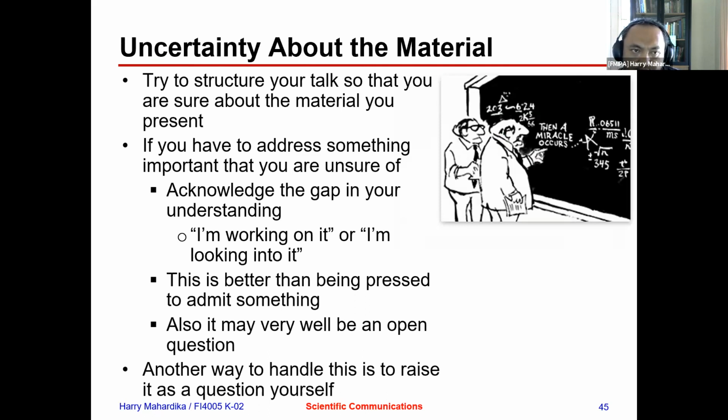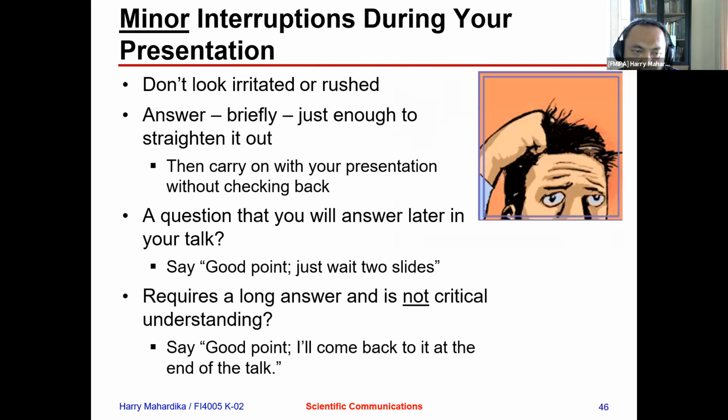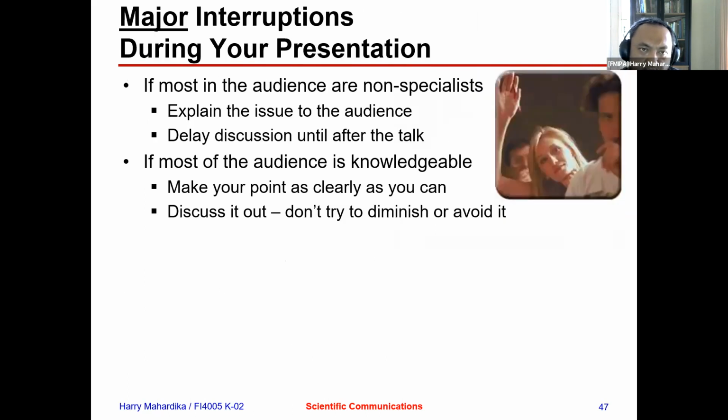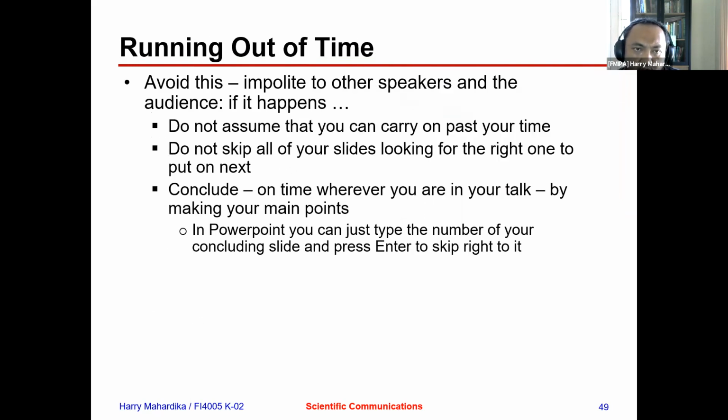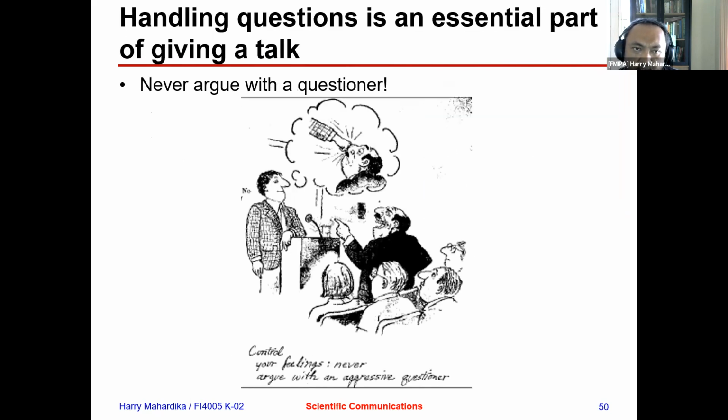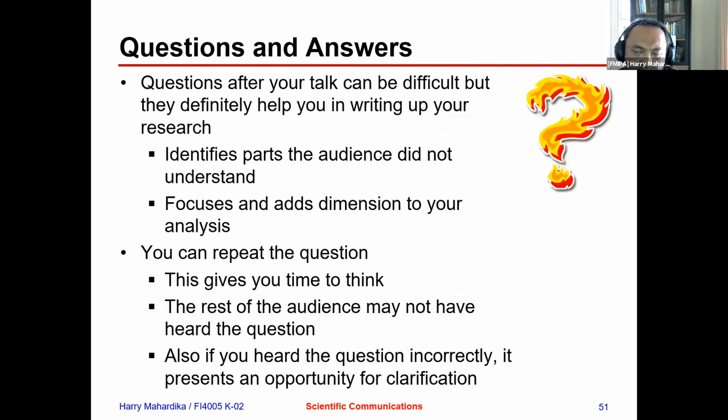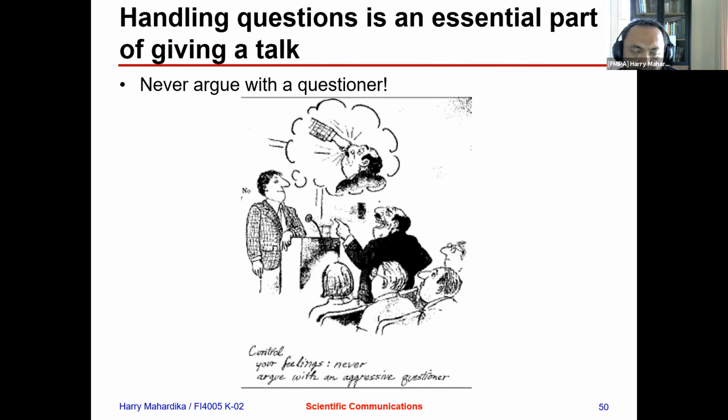Here are the explanations about the uncertainty of the material, interruptions during presentation, how to deal with the problem of running out of slides, and how to deal with running out of time. Handling questions is an essential part of a given talk, especially when we have a question and answer session. The most important thing is that you never argue with the questioner.